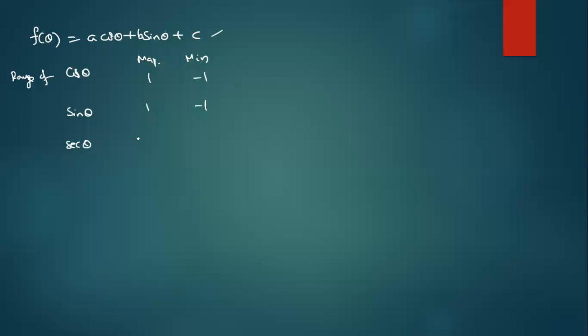Secant theta: maximum is infinity, minimum is minus infinity. Cosecant theta: plus infinity, minus infinity. Tan theta also, the same thing, the set of real numbers, minus infinity to plus infinity. Same for cot theta also, dear students.